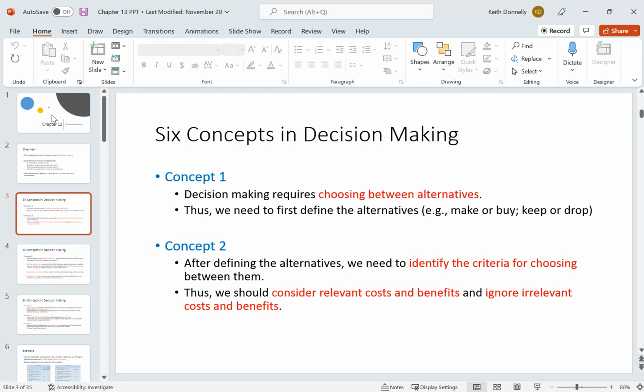In other words, once we define the different paths we can take, make, buy, keep, drop, whatever our alternatives are, we need to figure out which one we are going to pick. So what's the rule set, or what kind of framework should we follow in making the decision? Well, we have to consider only those that are relevant. If it's relevant, we consider it. If it's irrelevant, we ignore it.